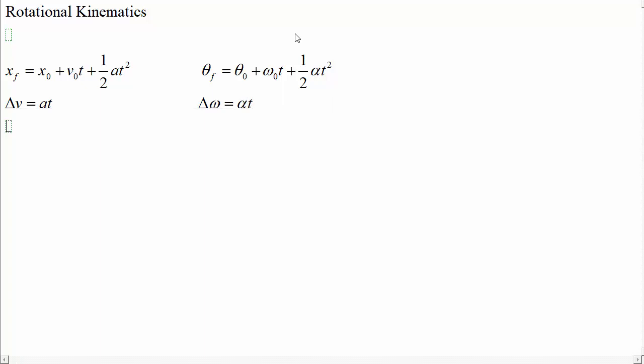And finally we had v final squared equals v initial squared plus 2ad, and that's going to become omega final squared equals omega initial squared plus 2 alpha theta.